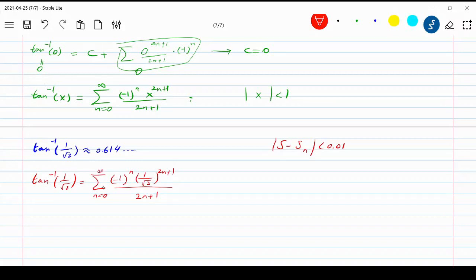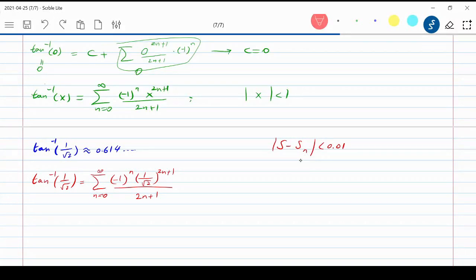We want to find out how many terms of this series we need to add to have the error, the remainder, to be less than 0.01.